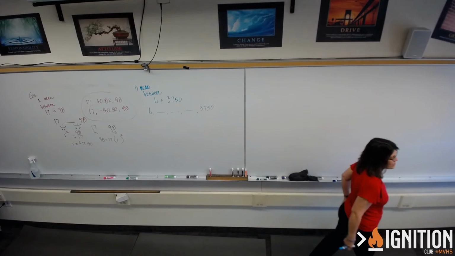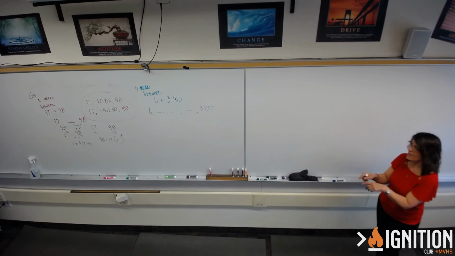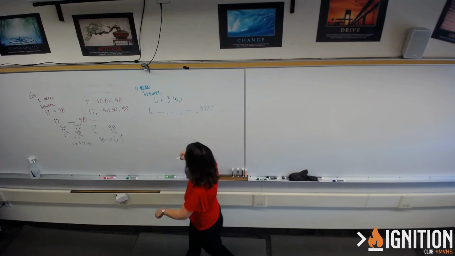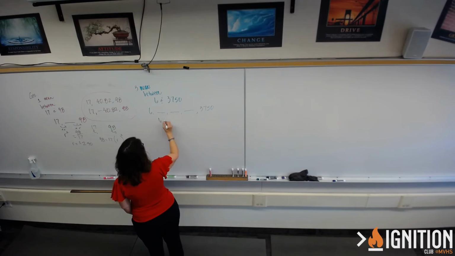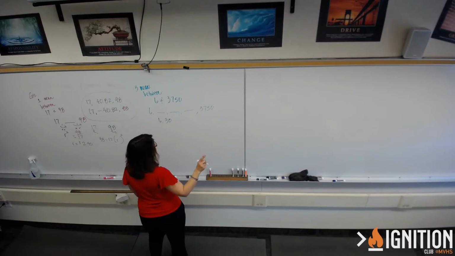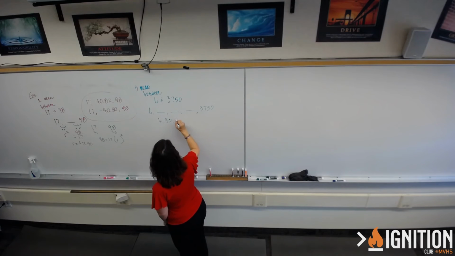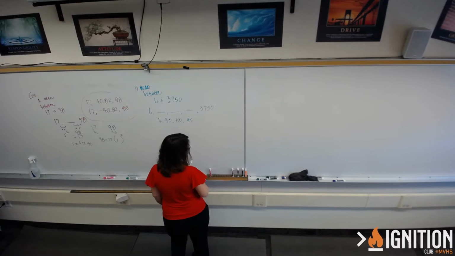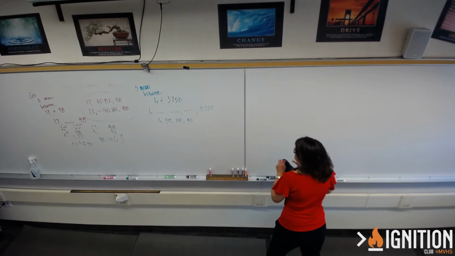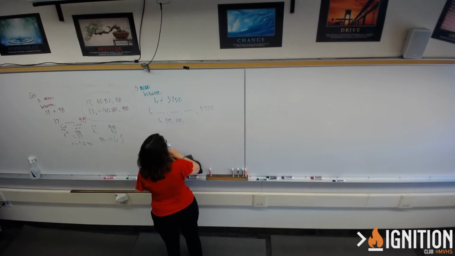I'm ready for some answers because it looks like you guys were all plugged in and done. Here we go. 6. 30, plus minus 30. No plus minus. We're going to write them separately. All right, what's next? 150? 450, 750. Actually, you do both.